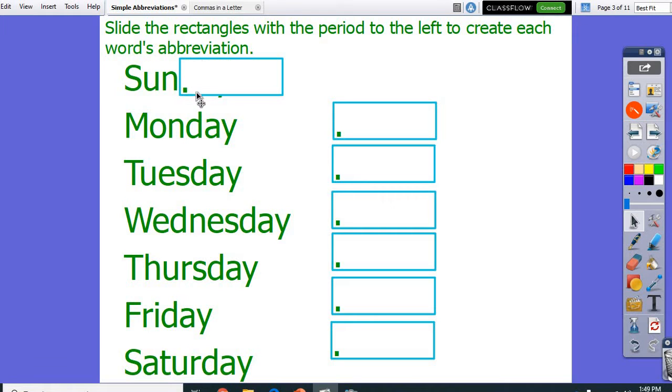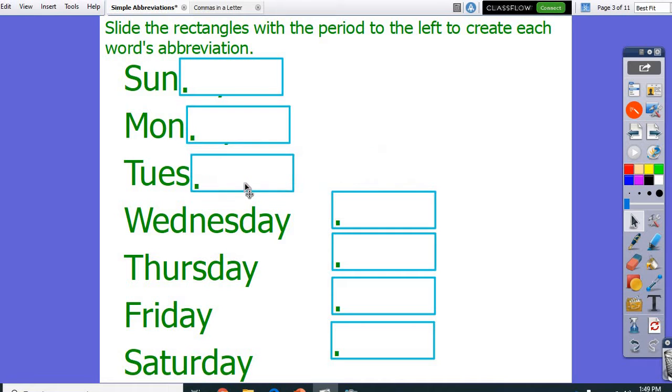That tells you that that's an abbreviation. So Sunday can become Sun. And then what about Monday? Yep, you just take away the day again and you end up with Mon and you put your little period. Don't forget you need a period in abbreviations. And then Tuesday becomes, yep, Tues.